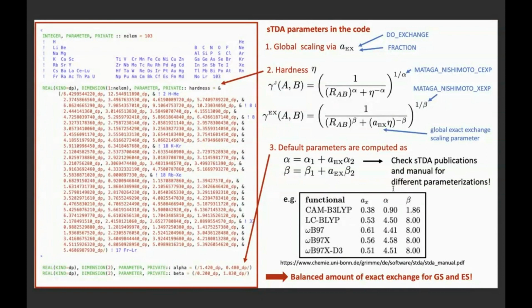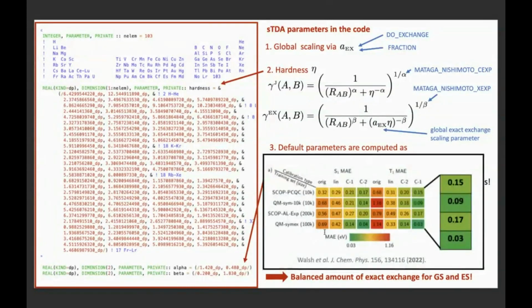It is recommended to change those parameters depending on the functional that you're using for the ground state calculation, so I would really advise not to use the default parameters here. Also, there's more and more recent work coming up, for example by the group of Walsh, where they're using machine learning to re-optimize those parameters.